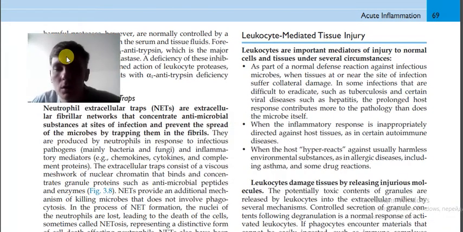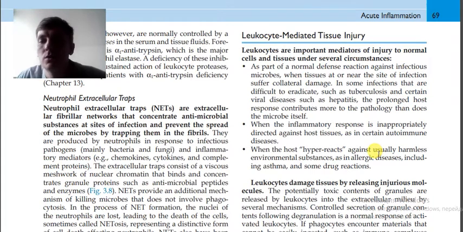And when the host hyperreacts against usually harmless environmental substances, as in allergic diseases, including asthma and some drug reactions. So, the main idea is that leukocyte activation is not always followed by healing.